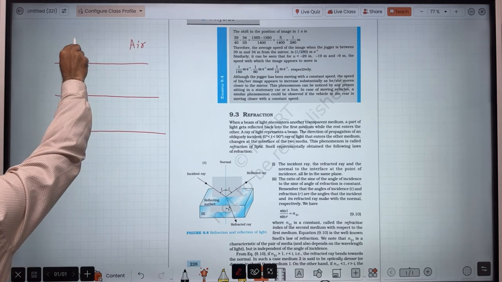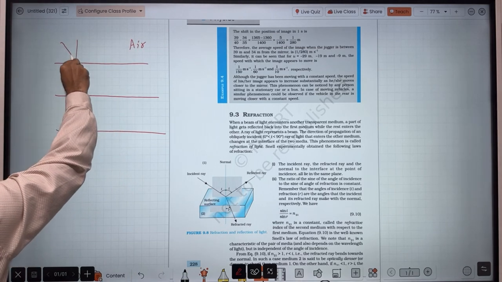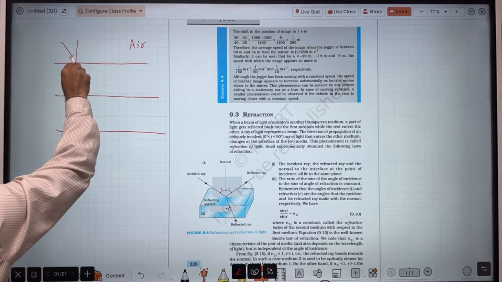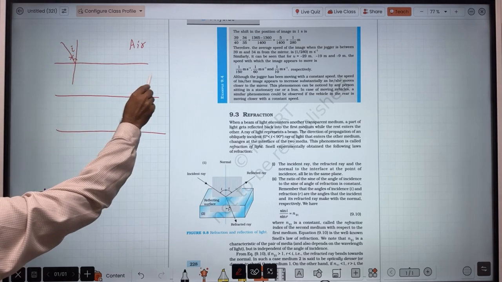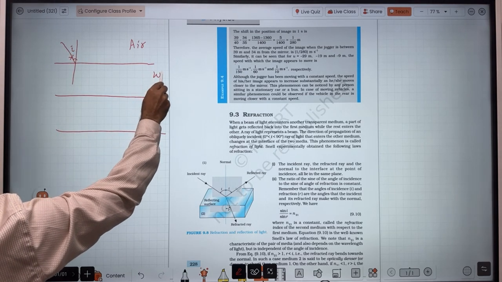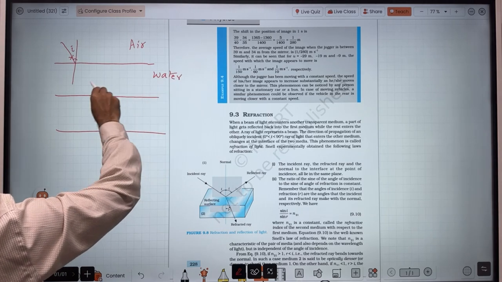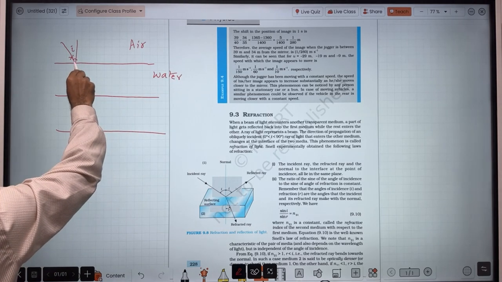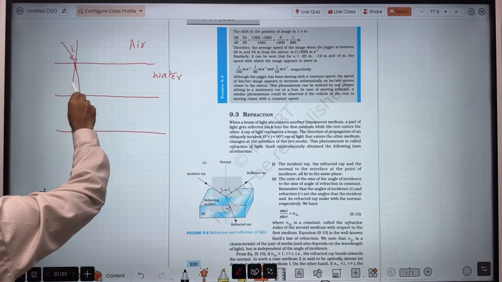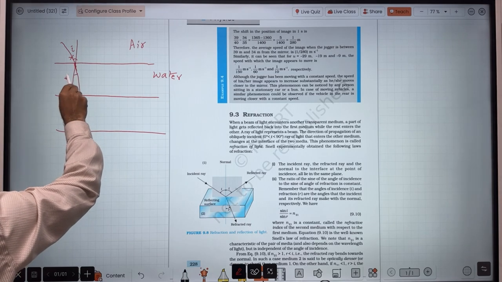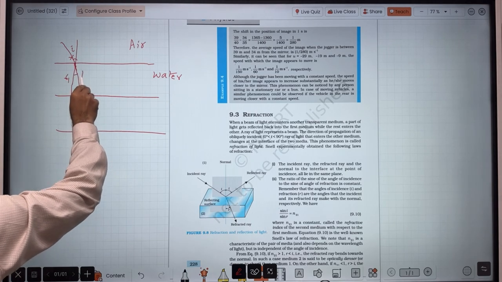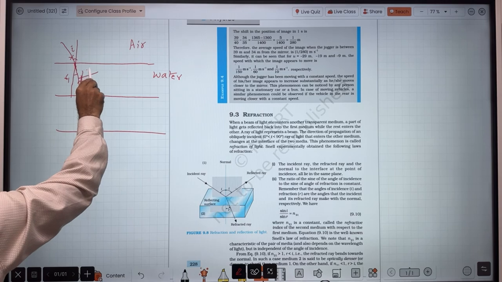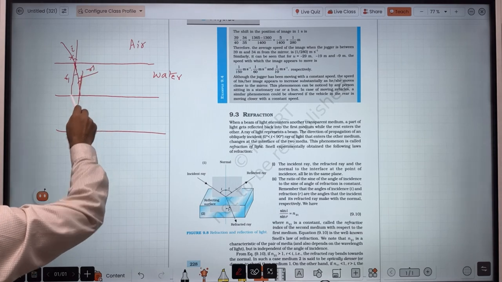Suppose here there is air and a light ray enters like this. This angle is I, and this is water. Then what happens? It will bend, right? Suppose this angle is R1, and here we again draw the normal, so this angle will also be R1.